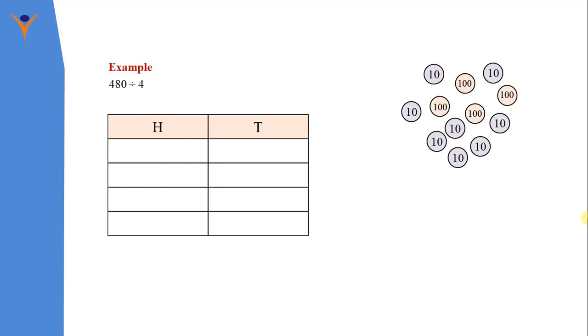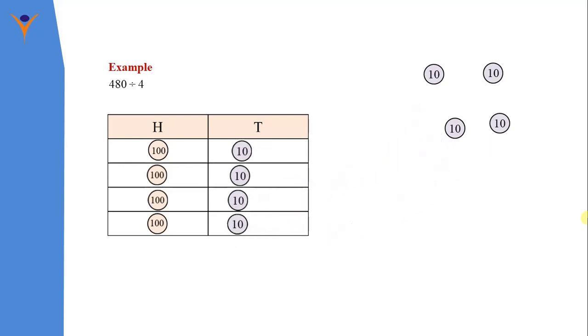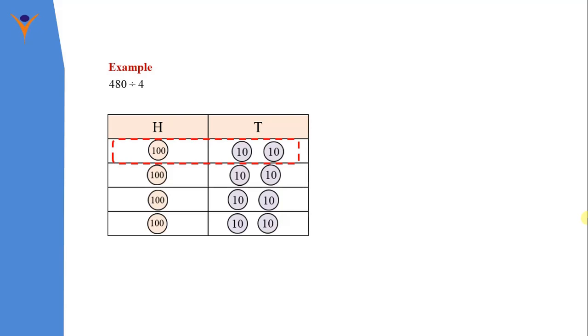So we're going to pick the hundreds and arrange them in the hundreds column, 1 on each row. Good. And then the tens, we arrange them in the tens column. Now, since we have 4 rows and 8 tens, we're going to arrange them 2 on each row. Now, if you look at each of the rows, the first row, for example, you have 2 tens, which is equal to 120 with the hundred.